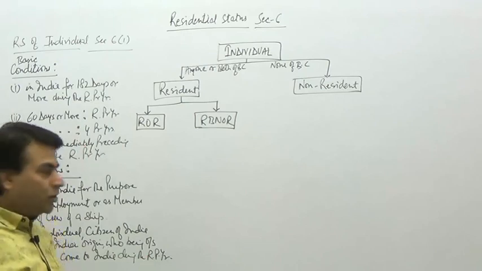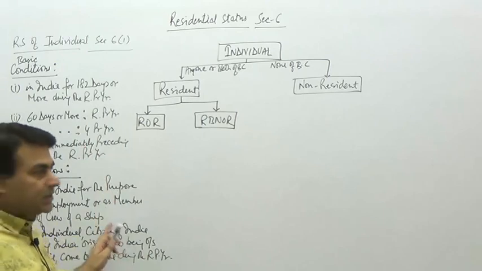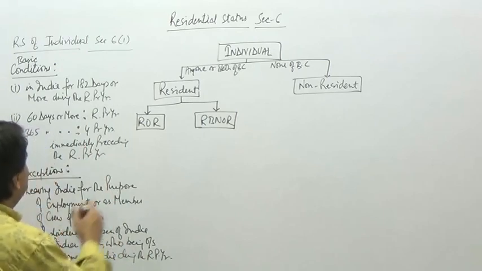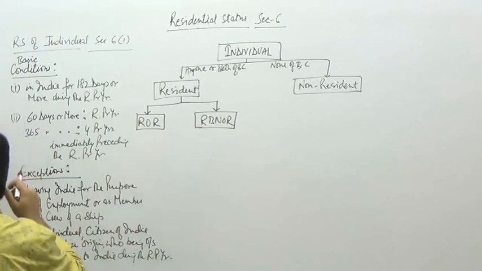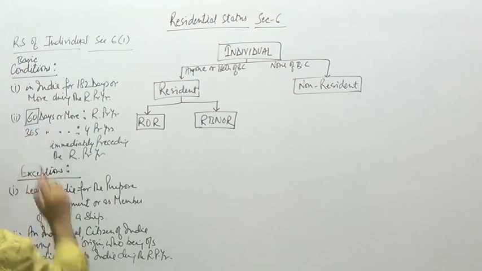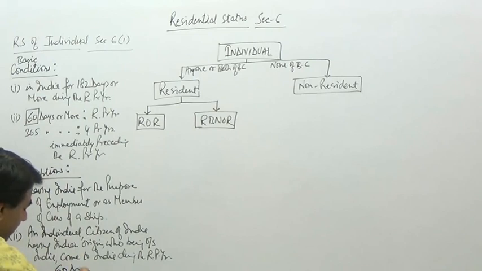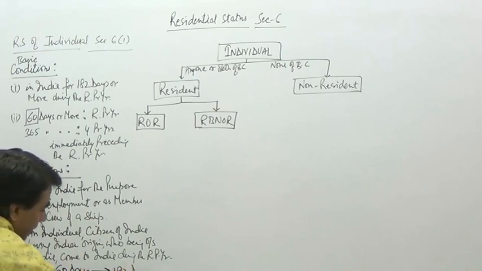The change for these exceptional individuals is in this basic condition number 2, and it would be this period of 60 days here. This period of 60 days here, in case of exception, would become 182 days. Please see, 60 days would become 182 days in case of these two exceptions.